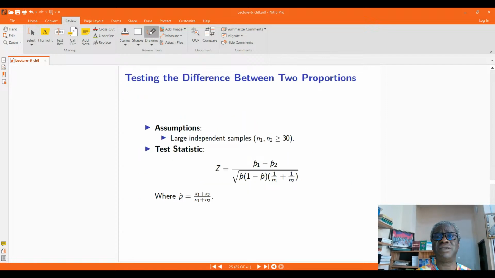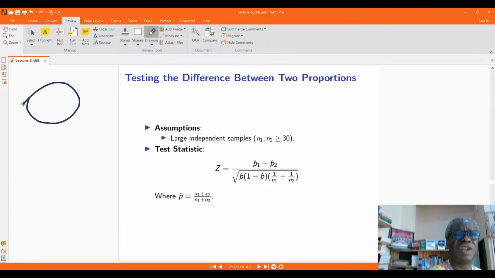So let's look at the proportion. Just like we can test the difference between two means, we could also test the difference between two proportions.